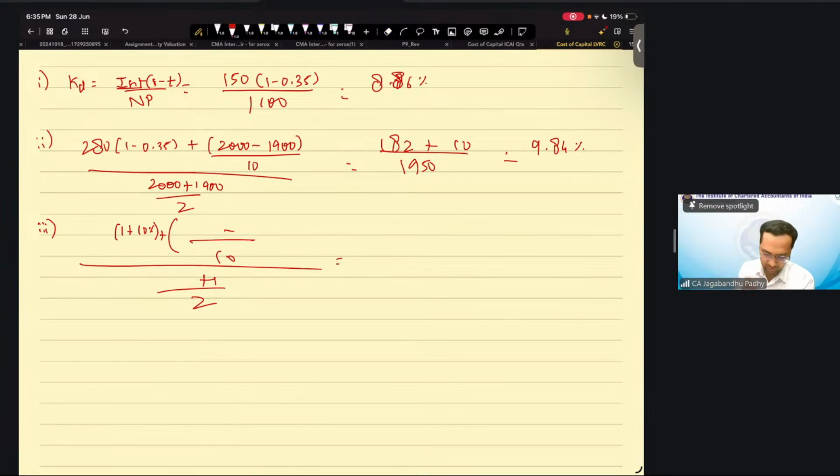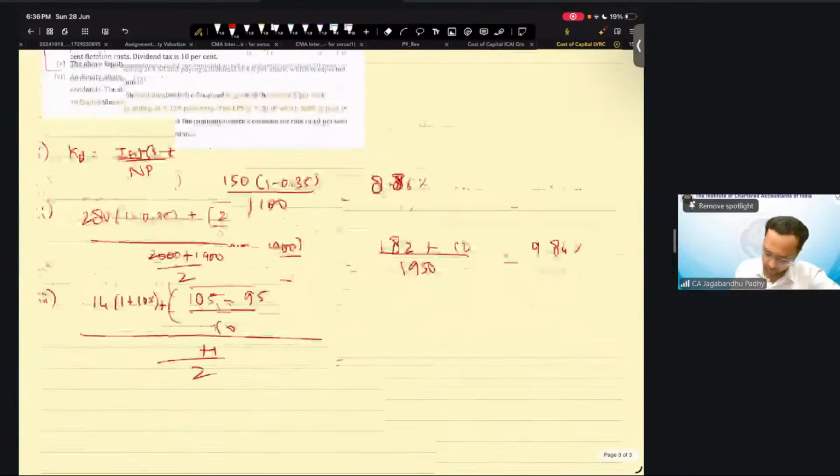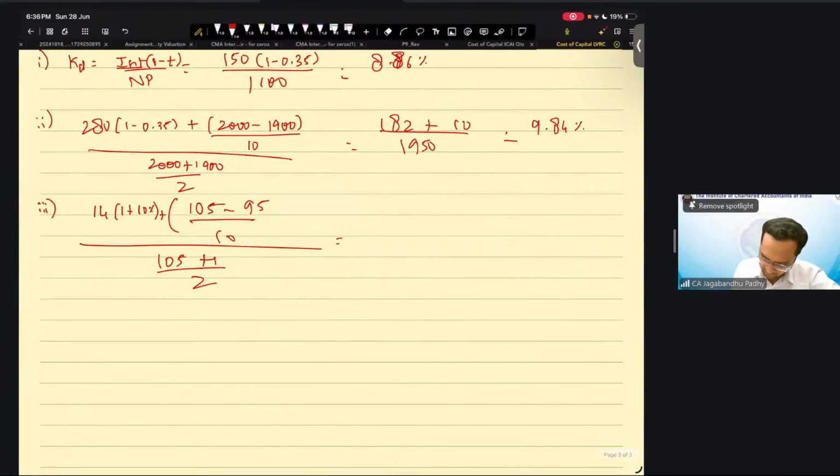So if face value is 100, this is going to be 14 into 1.1, and 105 minus 95, because redeemable at 5% premium and 5% flotation cost. This is 105 plus 95.